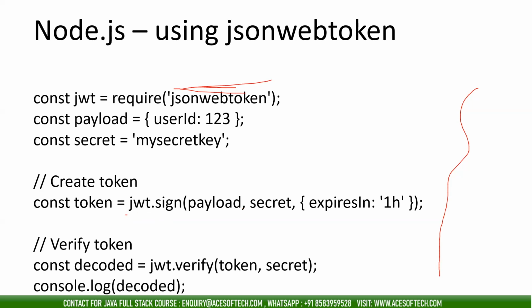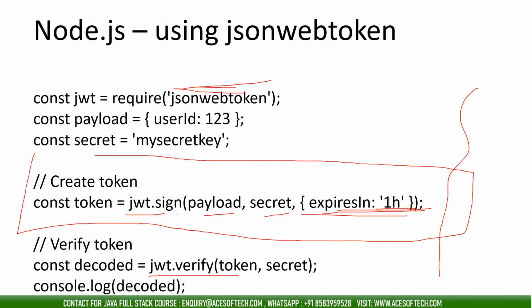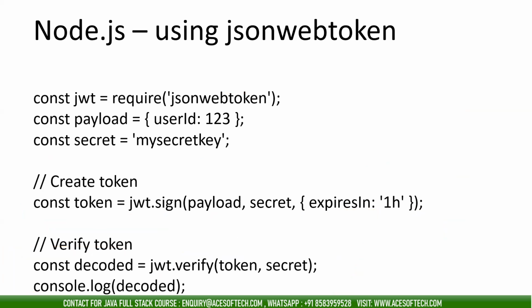Here you can see jwt.sign, payload and secret, and then expiry time. This one is for creation, meaning first it is created and given to the client, and when the client comes back with that token, then it is verified. So guys, this way a JWT token is created and verified in Node.js.